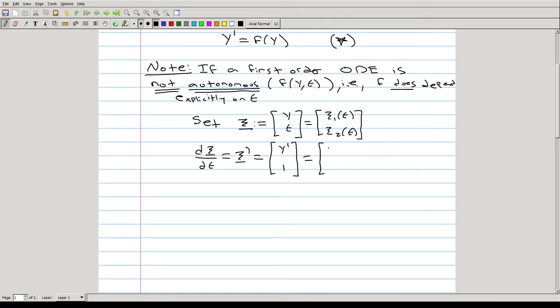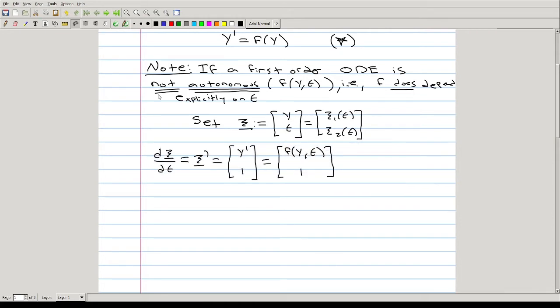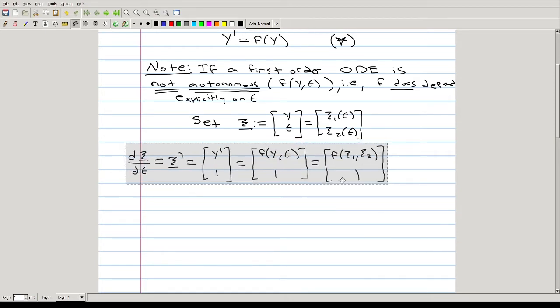So this will be equal to f of y comma t, 1, and this itself is some new vector function of xi, because if xi1 is y and xi2 is t, this is just f of xi1 comma xi2, which itself is purely a function of xi.